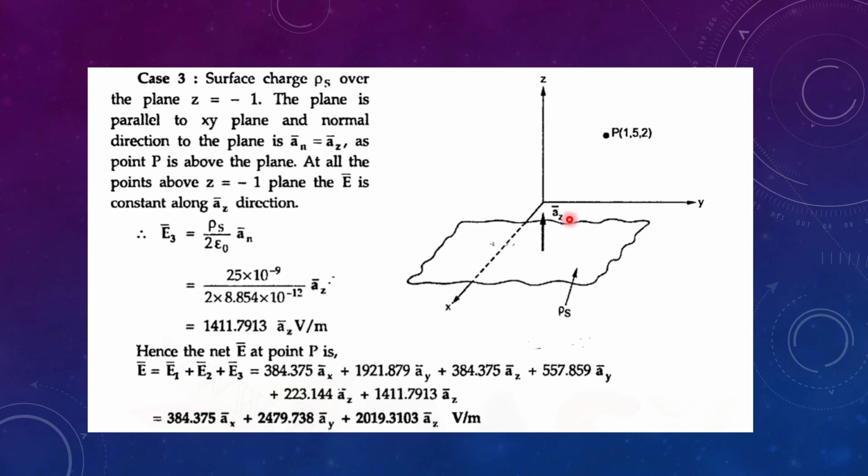We have to go towards point P from our sheet charge. Whatever the direction, you have to use that direction here, either plus az or minus az. So in this case it is plus az, right? So the E3 value has come as 1411.79 az cap volts per meter.